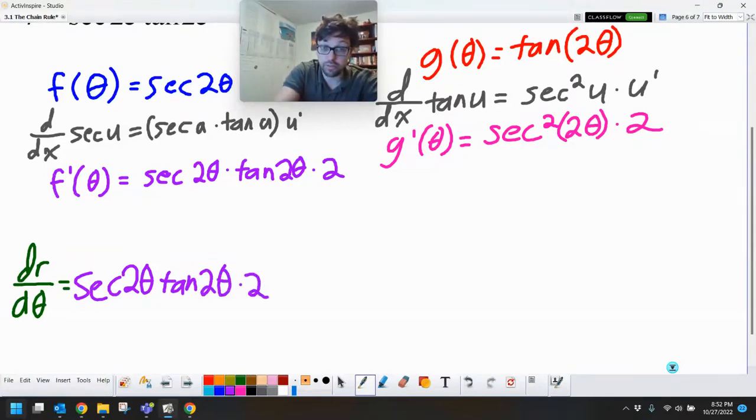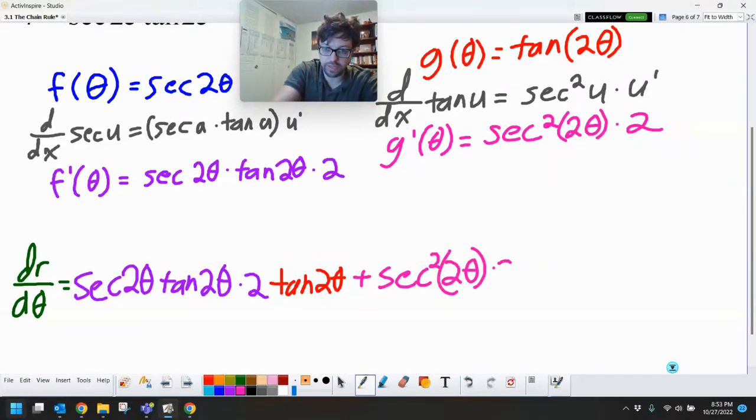Well, that's the derivative of the first times the second, so that is just the tangent of 2 theta, plus the derivative of that second thing, which is secant squared 2 theta multiplied by 2. And then our first thing, so that is secant of 2 theta.